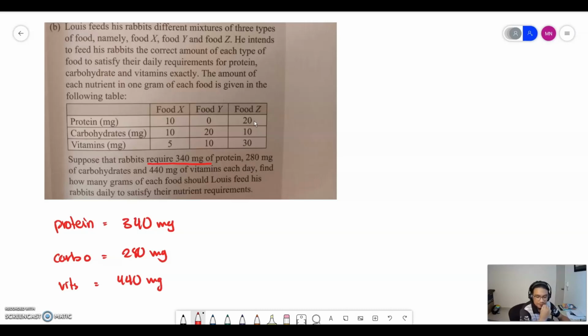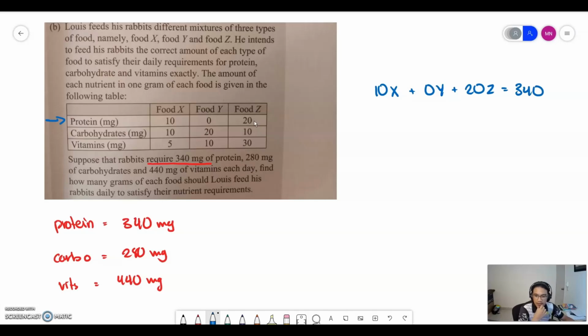Okay, so from here we can extract out the linear equation. For protein, 10 food X plus 0 food Y plus 20 food Z will give the total number of protein of 340.